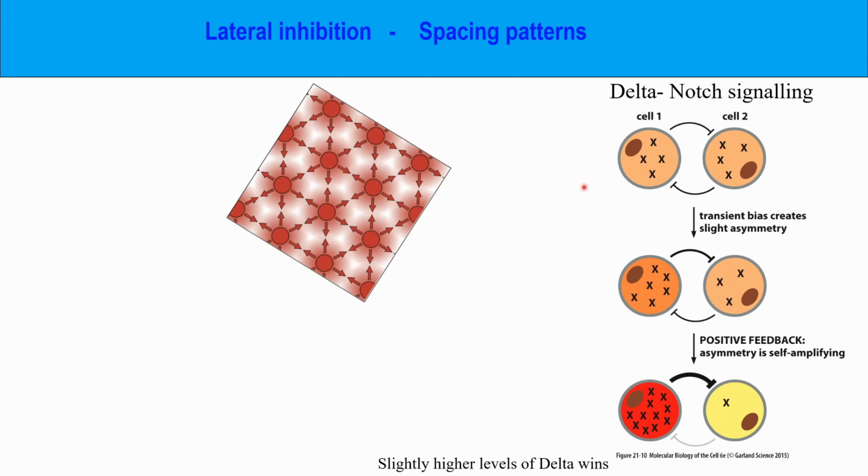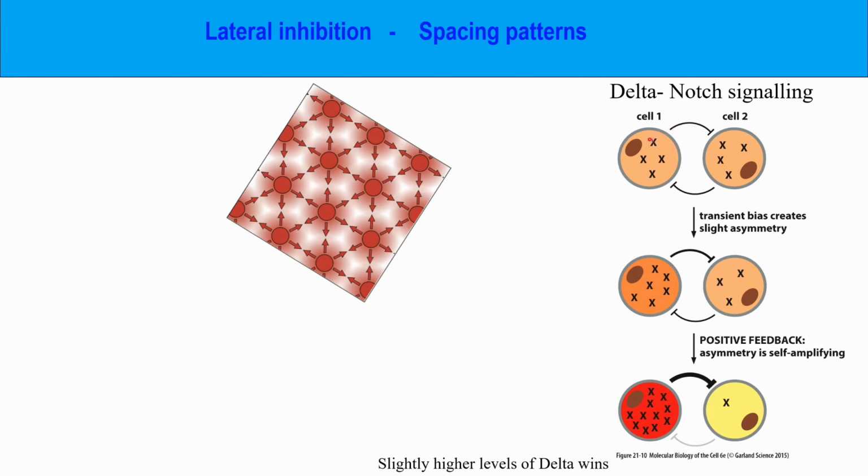The way that Delta-Notch signaling works, I've told you, one cell expresses Delta and the other expresses the receptor Notch. But in fact, in these cases, both cells express Delta and both cells express Notch. And they and their surrounding cells compete to see who has the highest level of Delta ligand expression.